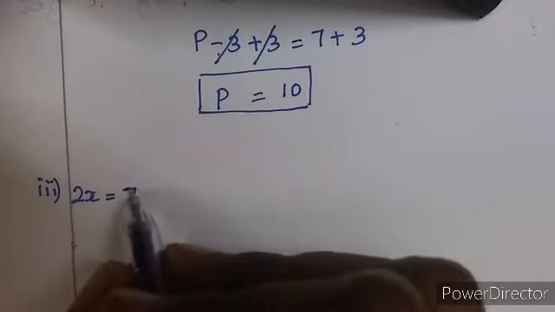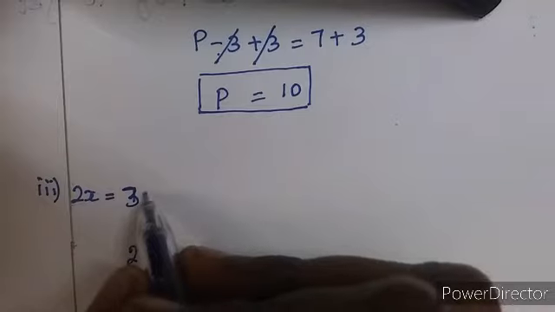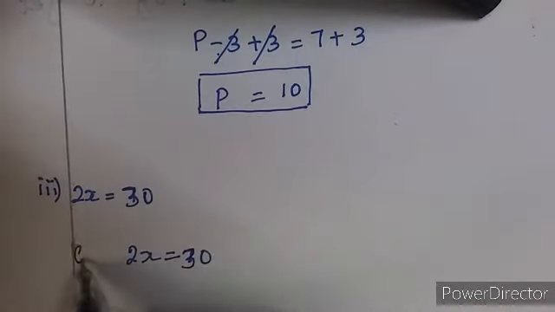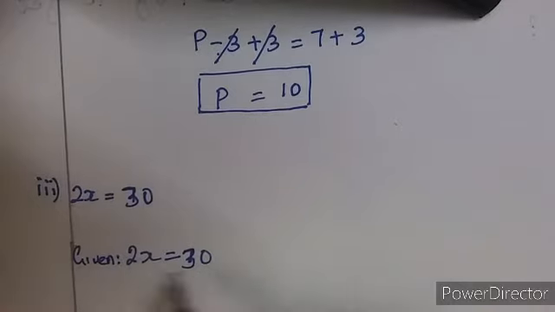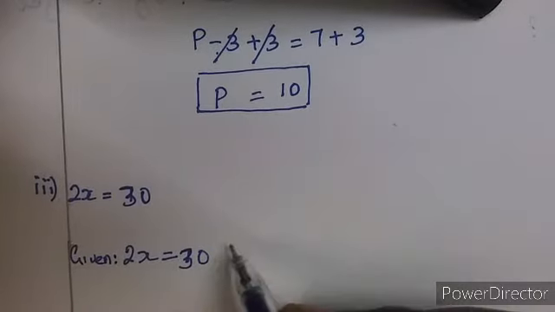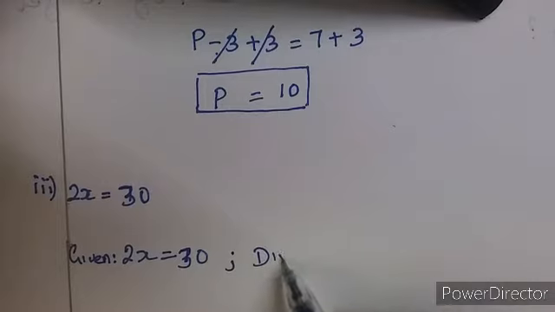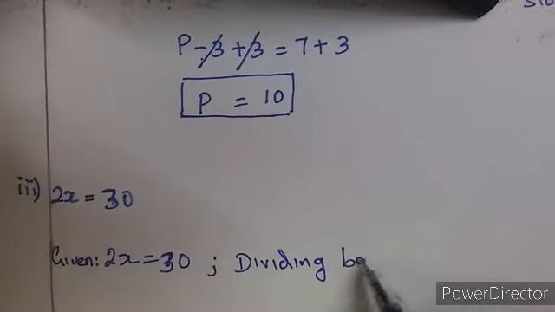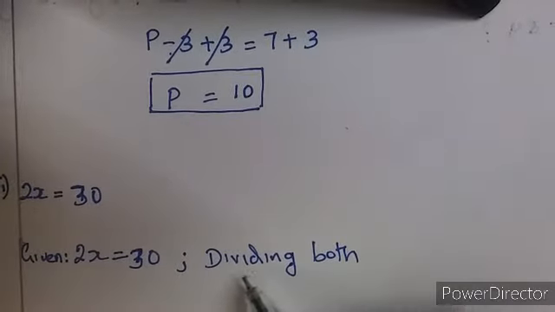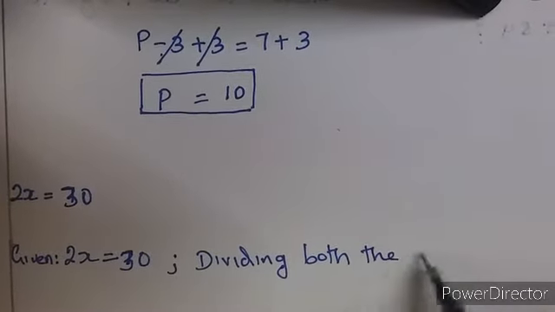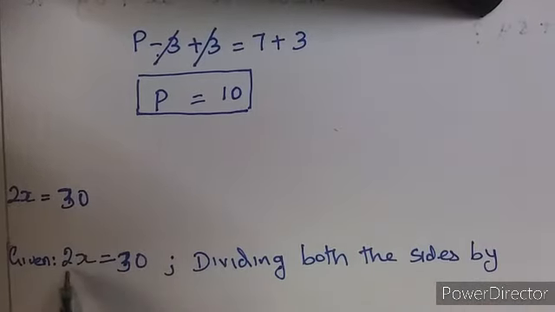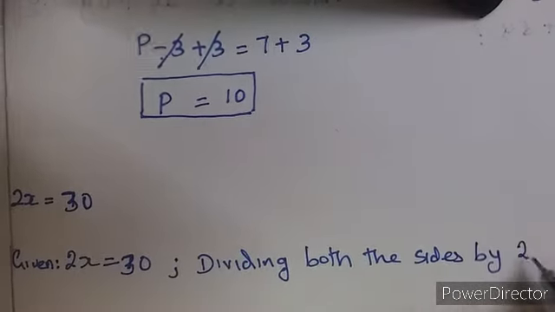Sorry ma, the question is 2x equal to 30. Okay, 2x, first step, write the given 2x equal to 30. I told you dividing both the sides by, what is the coefficient given here? 2.